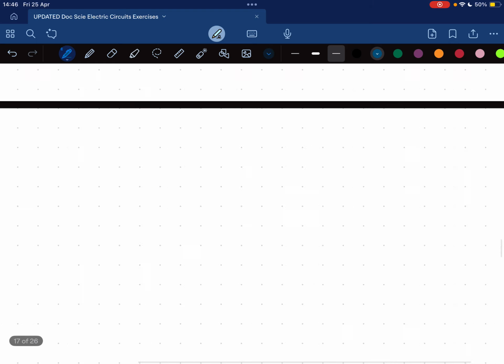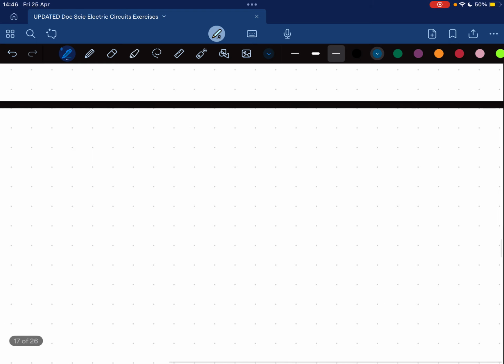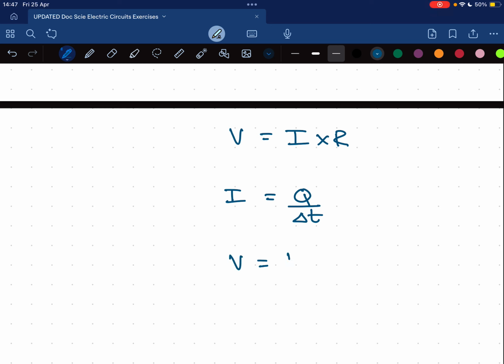I want to look at the three equations that we've done already. So we've done Ohm's law, which says that V is equal to I times R. We've done I, which is equal to Q over delta T, and we've done V, which is equal to W over Q.